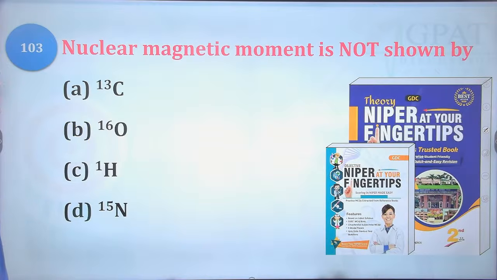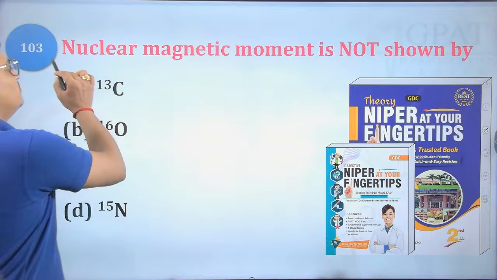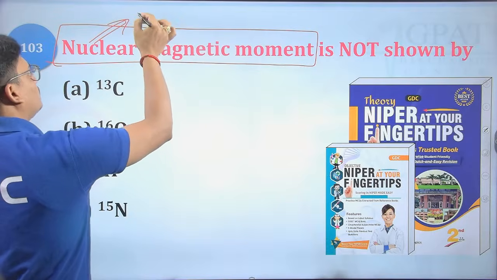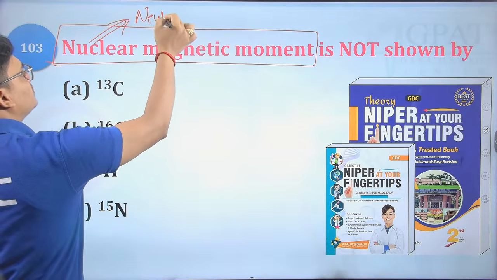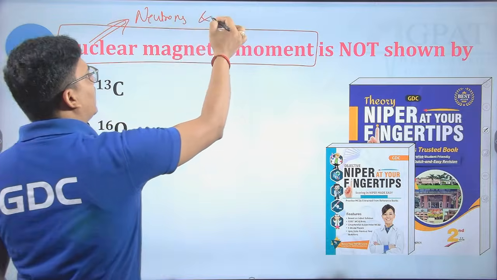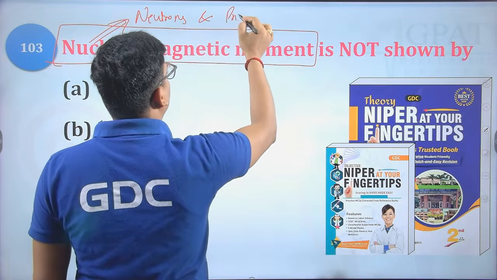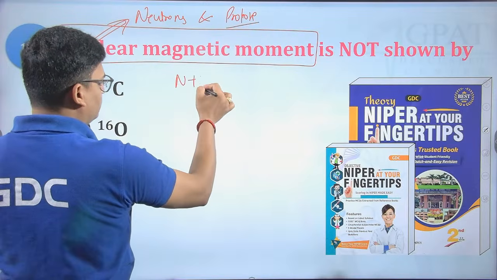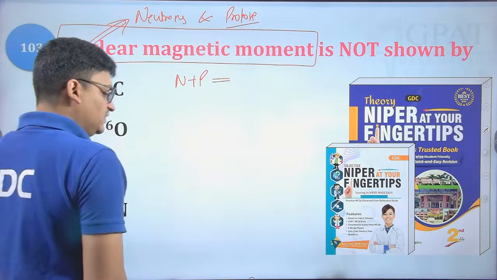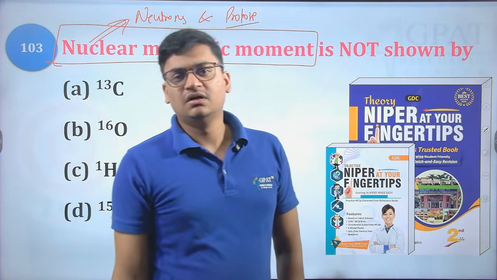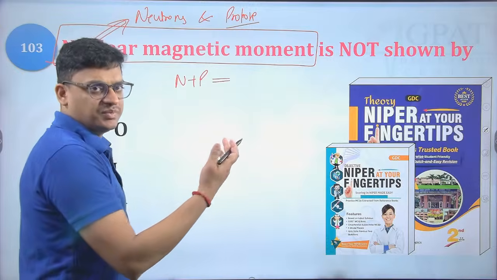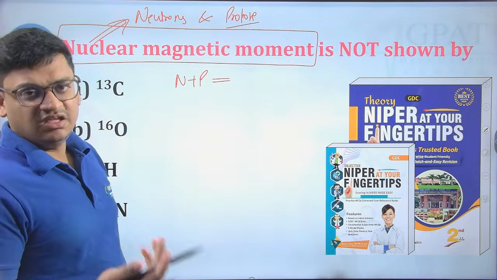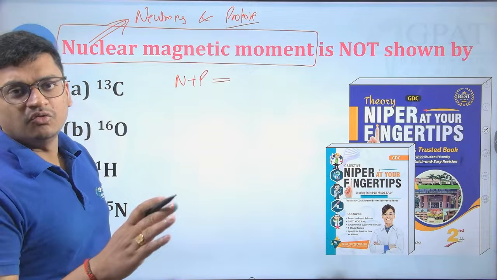Nuclear magnetic moment is not shown by which one? So we are talking about nuclear magnetic moment. It means we have to look at the neutrons and protons. If N plus P is an even number, it means there will be no magnetic moment.